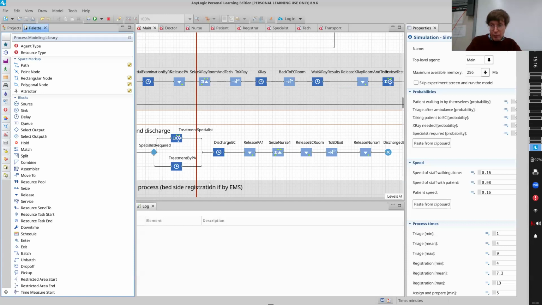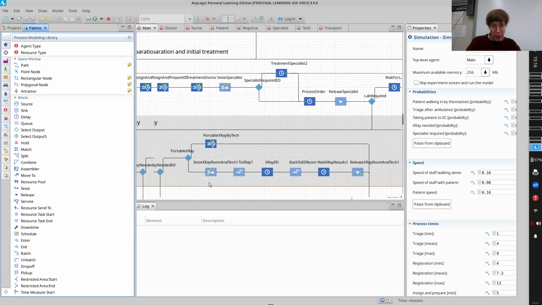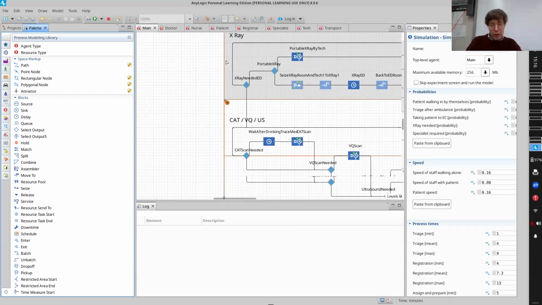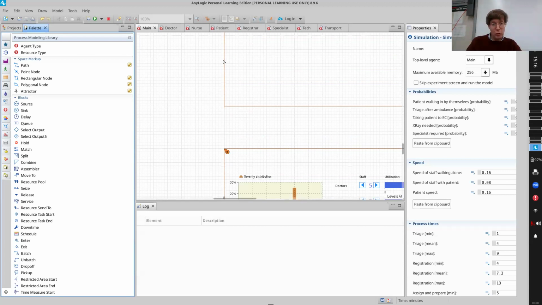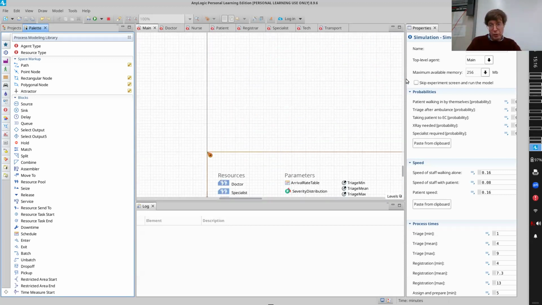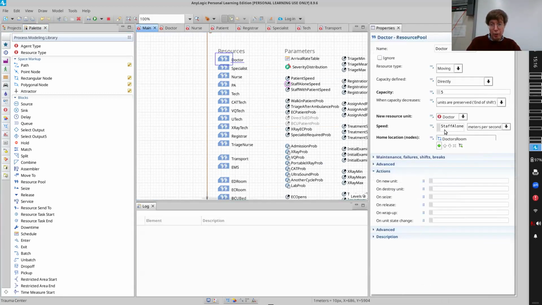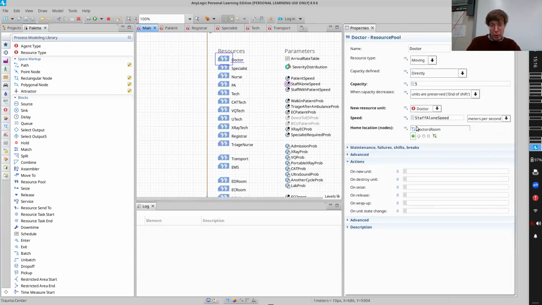I don't want to belabor this point, but if we scroll down, we will see these various types of resource pools. And each of these so-called resources delineates a resource pool. There's a specification of the home location for that resource, the default capacity of that resource, absent increasing it while the model's running, say.